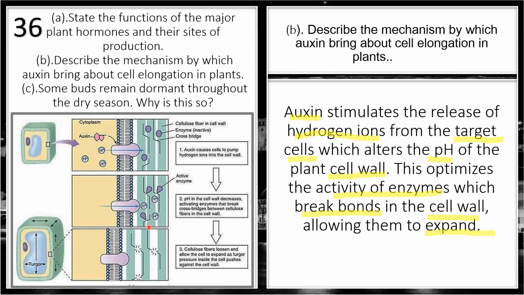When the cross bridges are broken by the enzymes, they cause the expansion of the cell wall, and by expanding, they allow more water to enter.